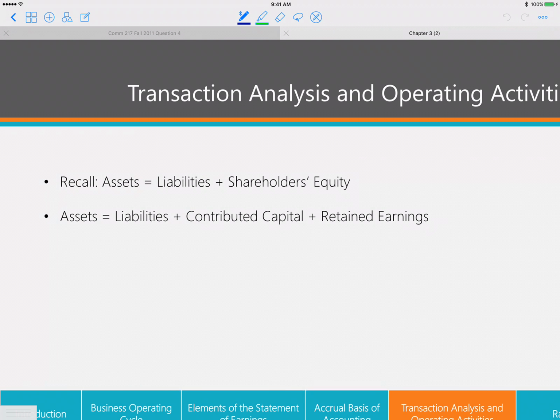So if you recall, assets, right, A is equal to L plus E. That assets, so what we own, are equal to the sources of financing. Where did we get these assets from? How do we pay for them? So we can actually break this down a little bit further.